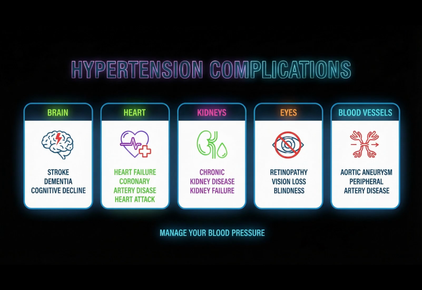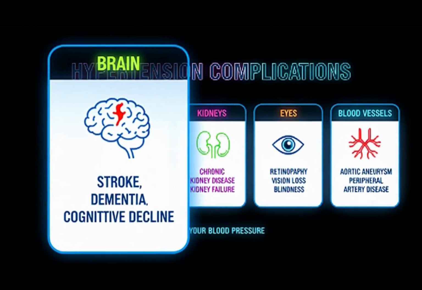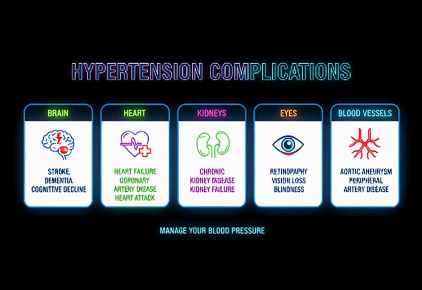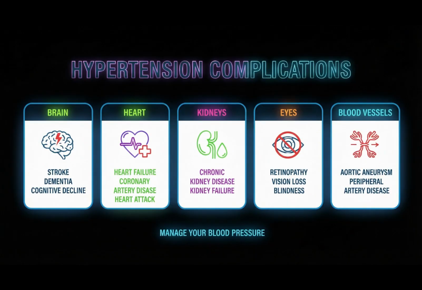Now, let's bring everything together by looking at why hypertension coding matters so much. Because uncontrolled blood pressure affects nearly every organ system in the body. Starting with the brain, high BP can lead to stroke, dementia, and long-term cognitive decline. This is one of the most dangerous and common complications. Next, the heart.